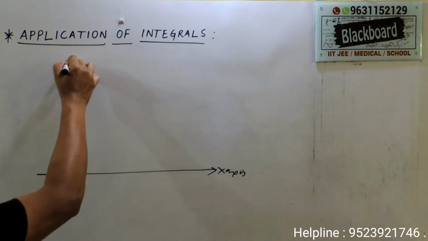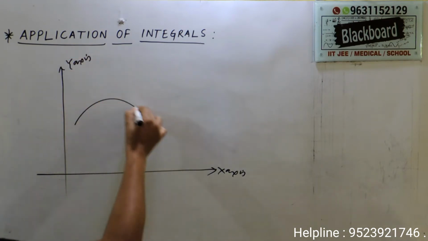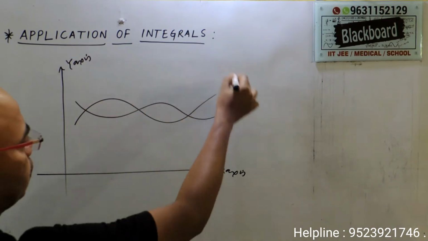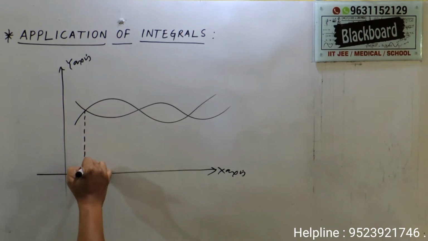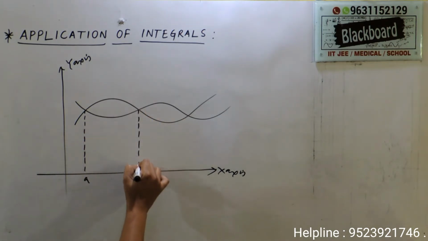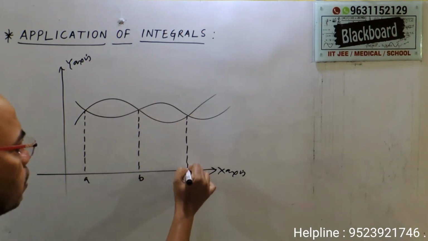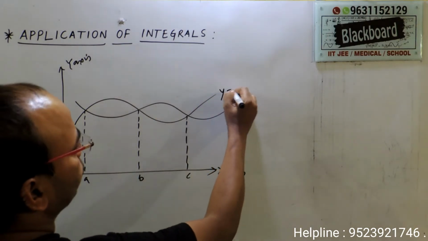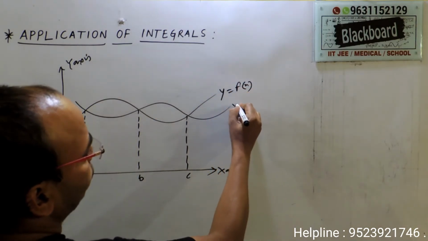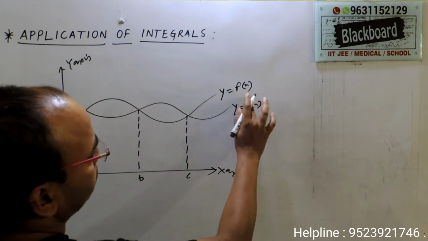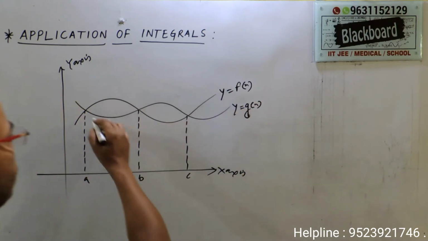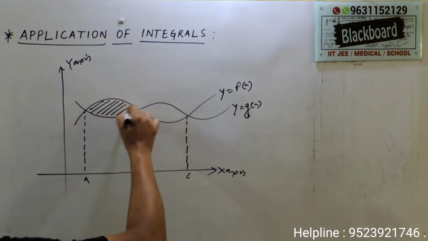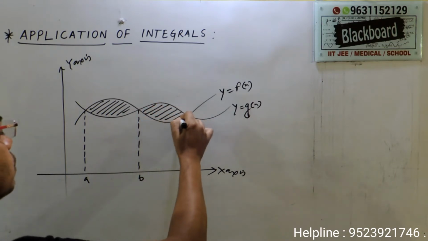And this is the y axis, and your graph is like this, and you have to find the area of this shaded region, from a to b and c. This is y equals f(x) and y equals g(x). You have to find this shaded part.